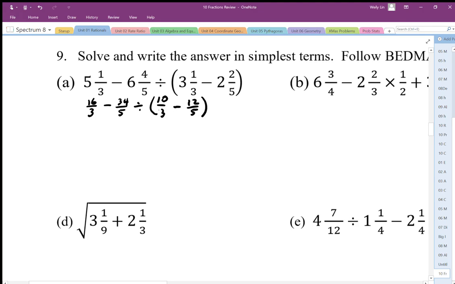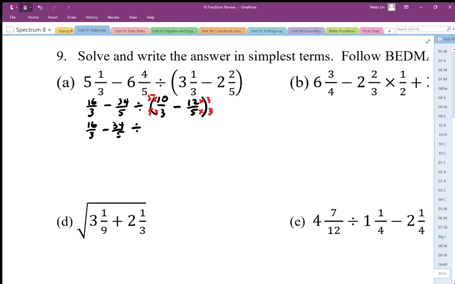Okay, so we need to do the brackets first. So again, we don't do anything to this 16 over 3. Now, to get a common denominator here, we need to show the multiplying factors. So here we have times 5, times by 5. Here we're going to have times by 3, times by 3.